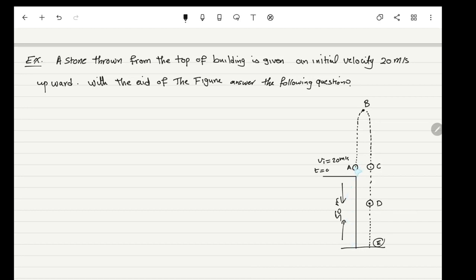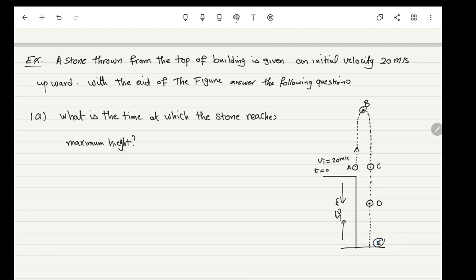The initial velocity for this stone is 20 meters per second, directed upward, and the initial time is 0. Then the ball reaches the maximum height at point B, and momentarily the velocity is equal to 0, and it comes back to position C, then position D, then position E.